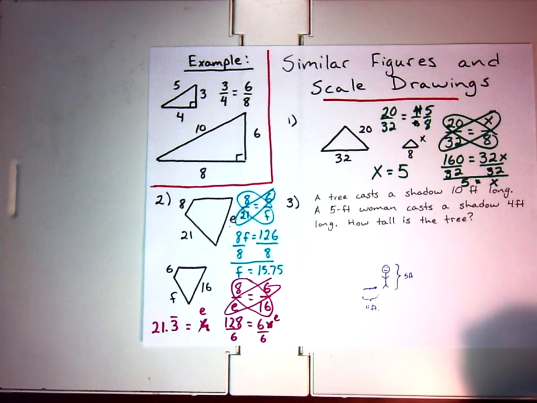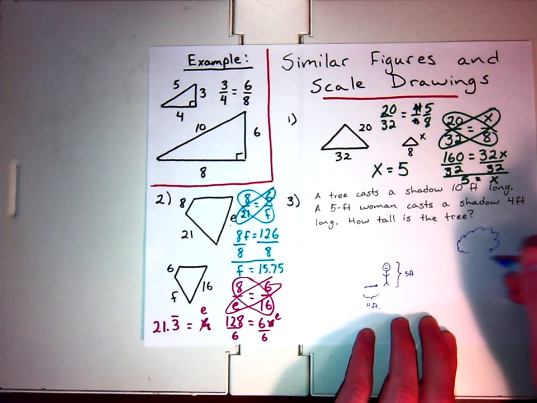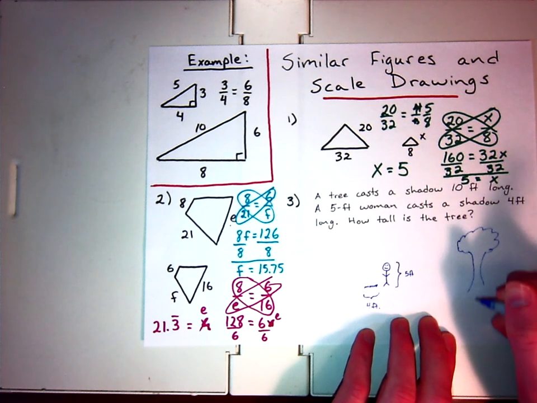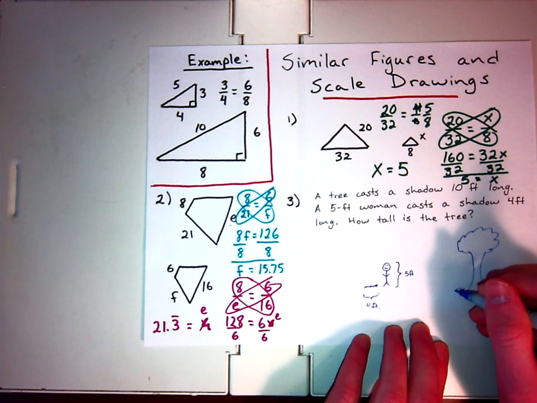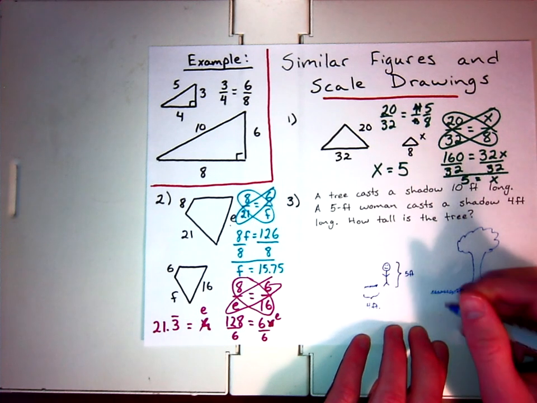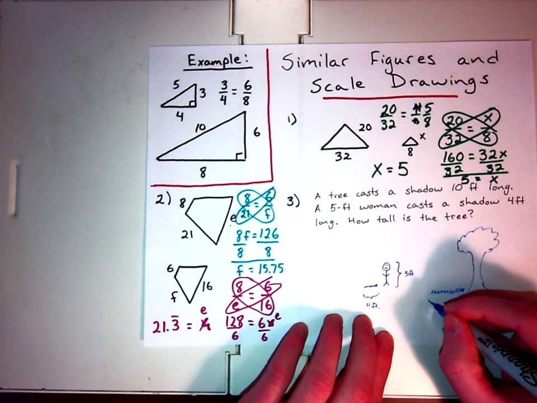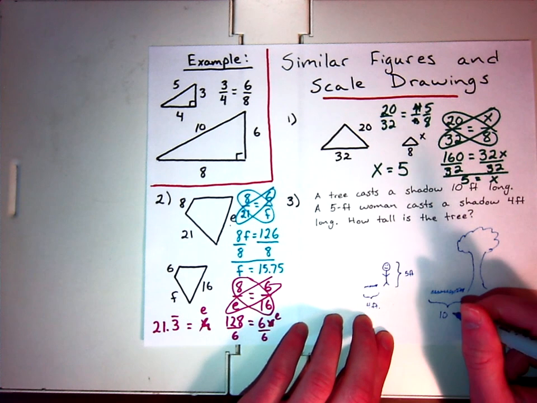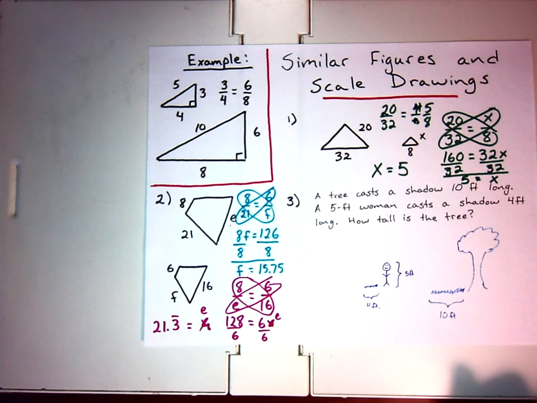Now, we have a tree. We apparently live in Smurfland because our trees are blue. We know that the tree casts a 10-foot shadow. So we need to figure out how tall this tree is.